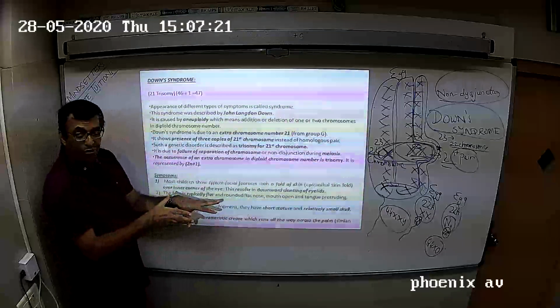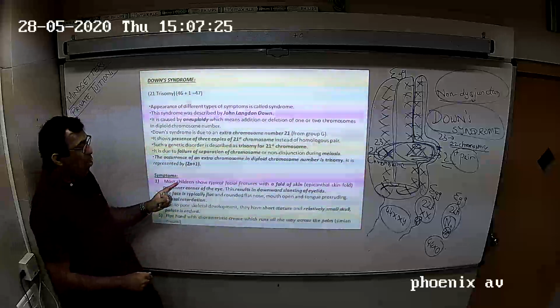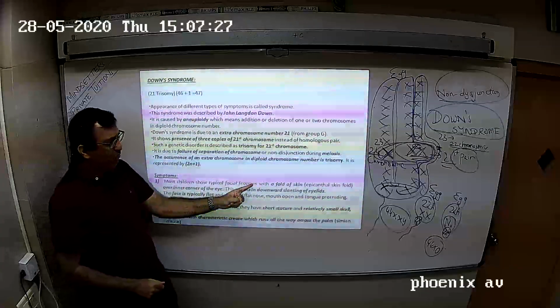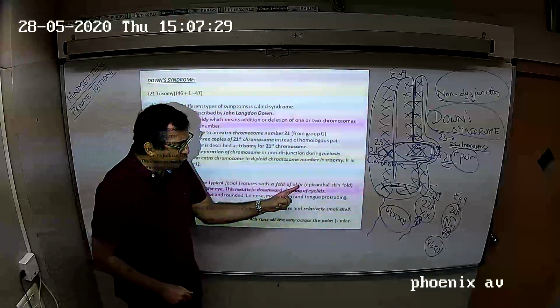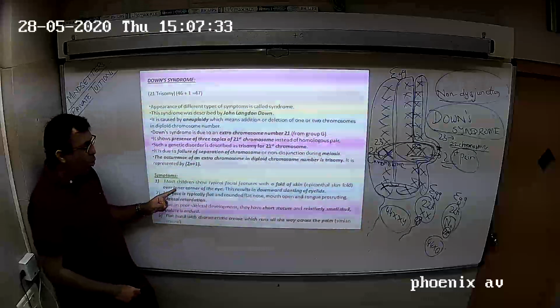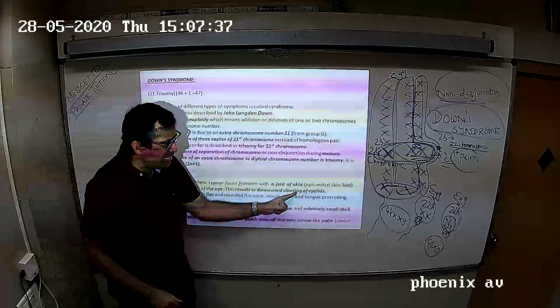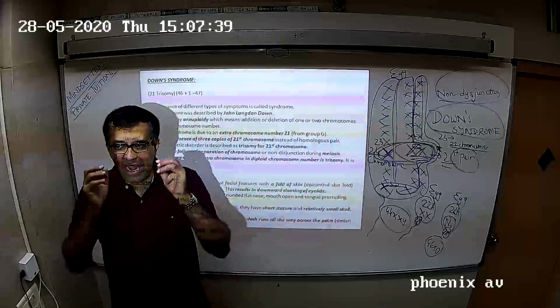What will be the features of a child suffering from Down syndrome? Most children show typical facial features with a fold of skin, epicanthal skin fold over the inner corner of the eye. This results in a downward slanting of eyelids.